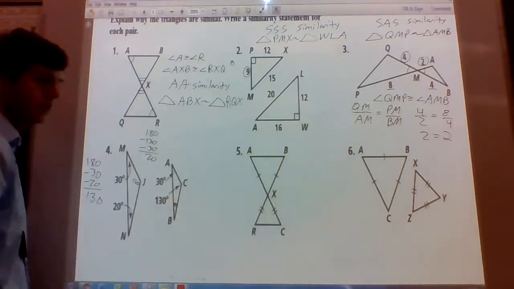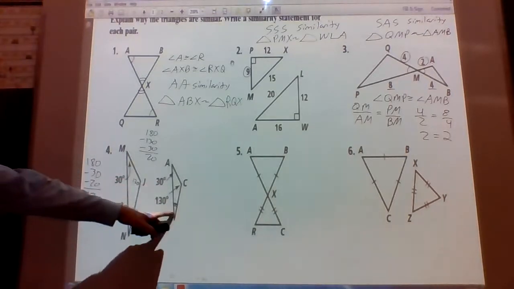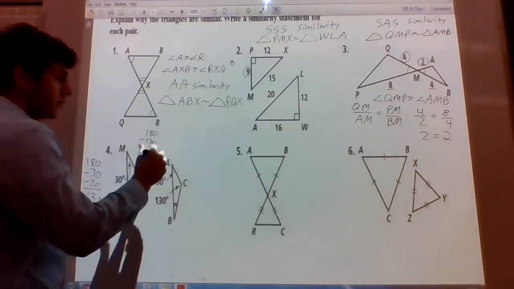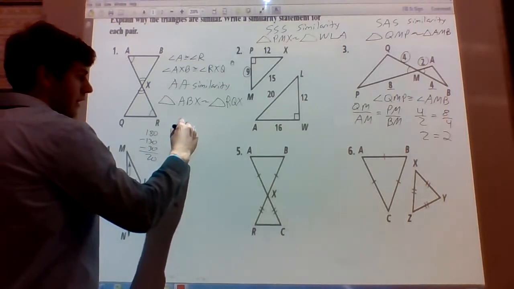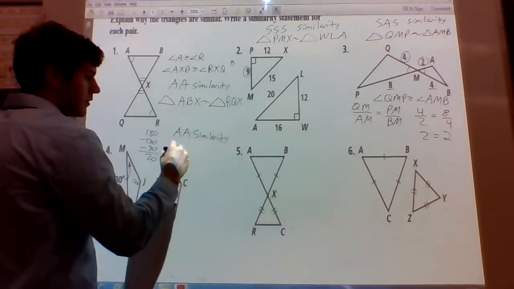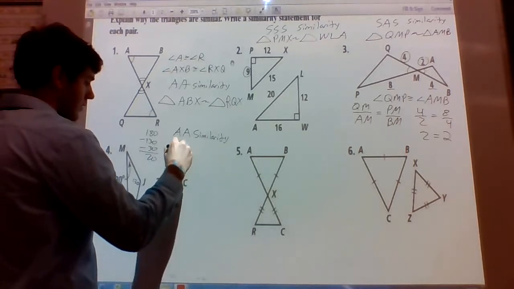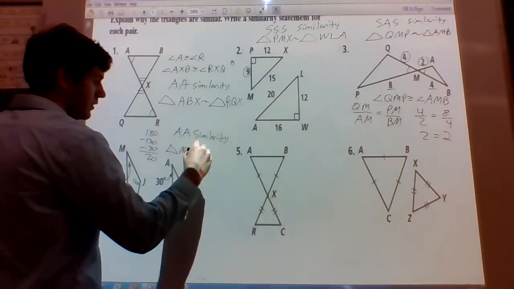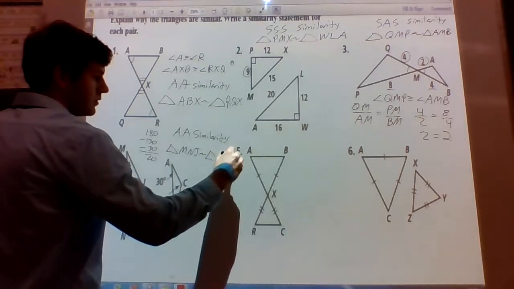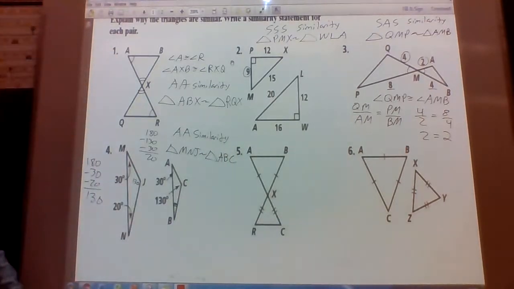So we know this angle B is 20. Okay. So we know all three pairs of angles are congruent because they have the same angle measure. So we can use angle similarity, okay, to show that triangle MJ is similar to triangle ABC. Those triangles are similar.